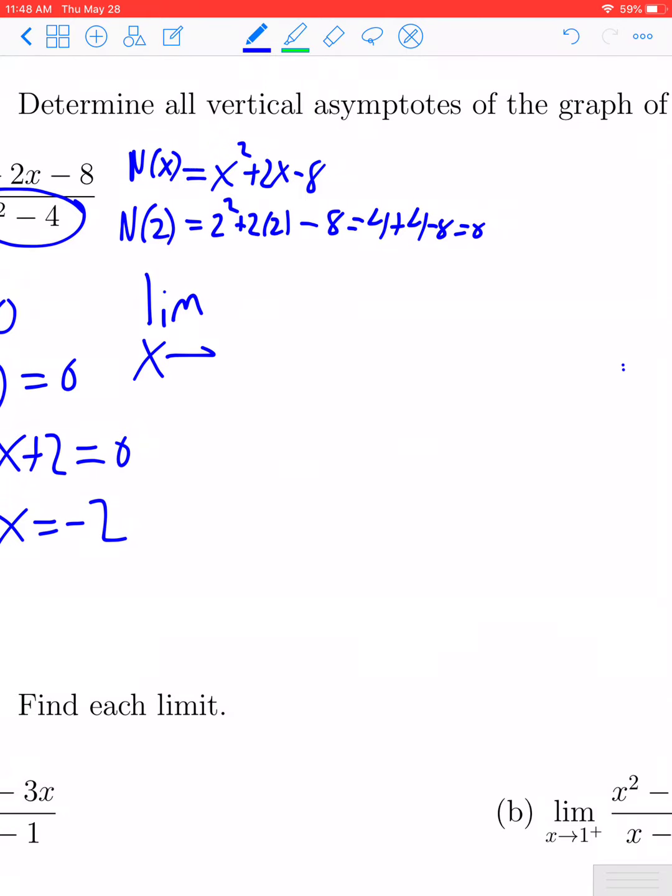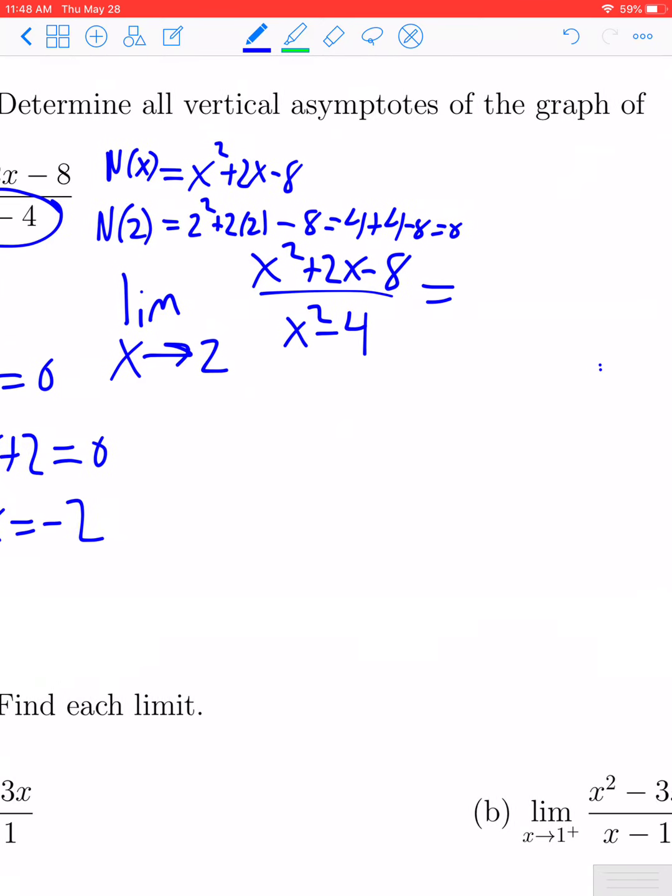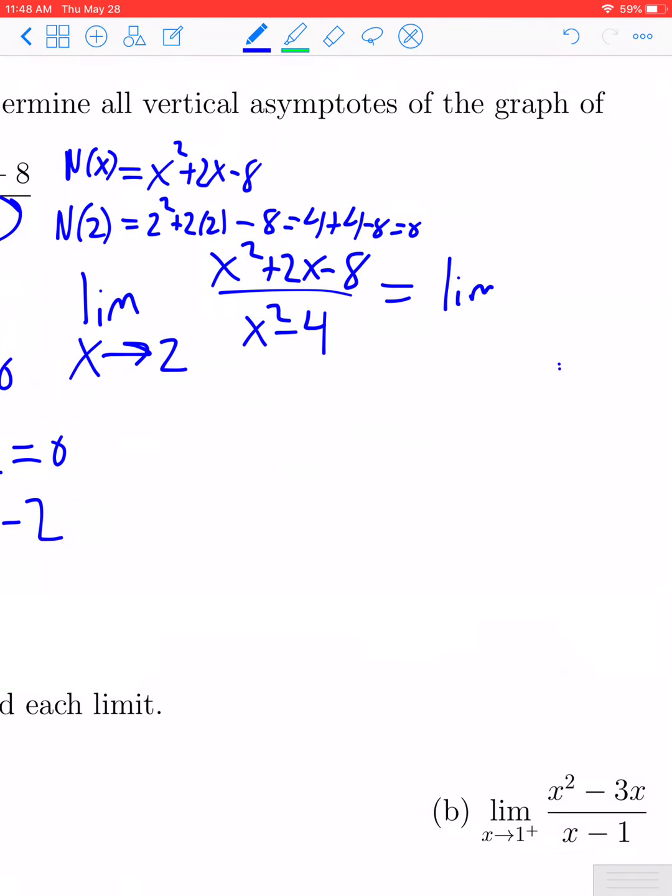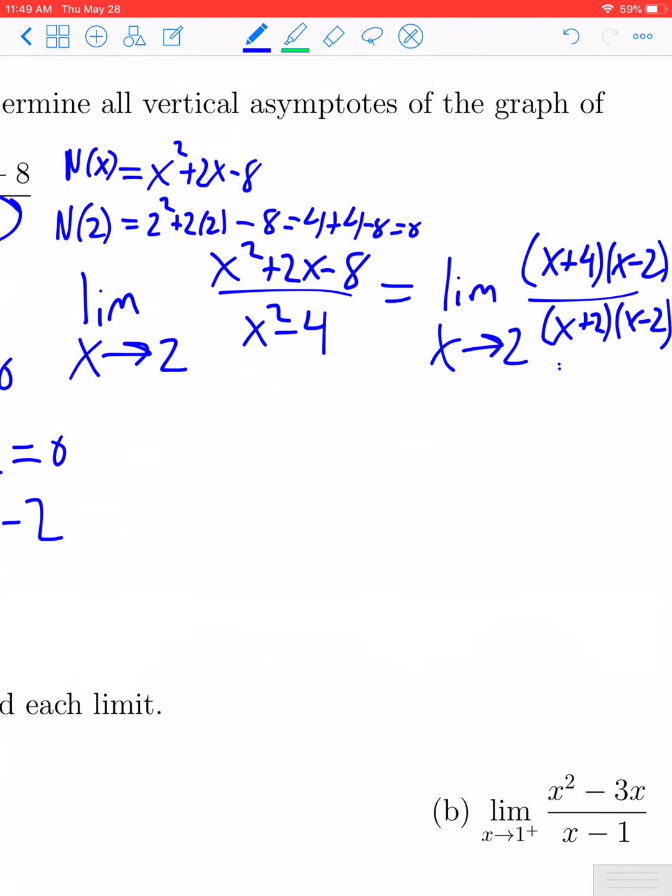We actually need to investigate, well, what is the limit as x approaches 2 of this function? We would know that direct substitution produces 0 over 0, but we can analytically find this limit by factoring and canceling. The numerator factors as x plus 4 times x minus 2. The denominator factors as x plus 2 times x minus 2.